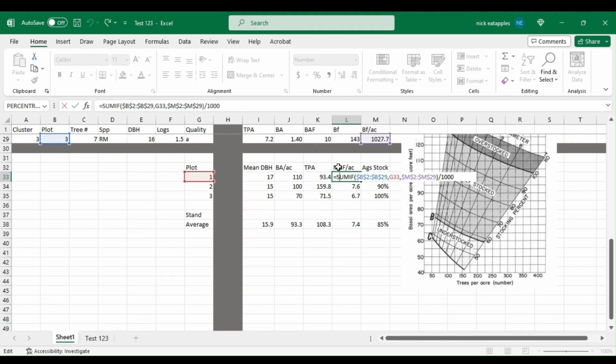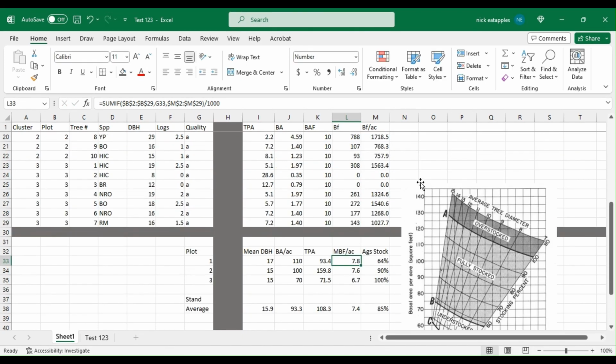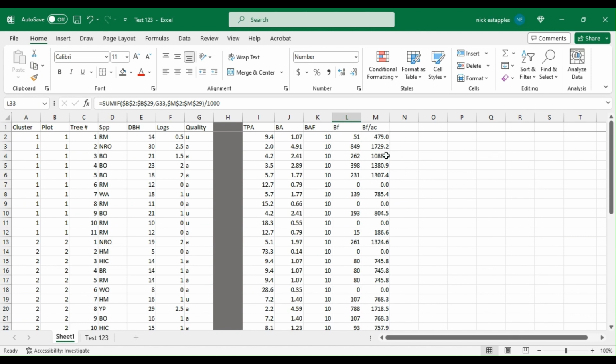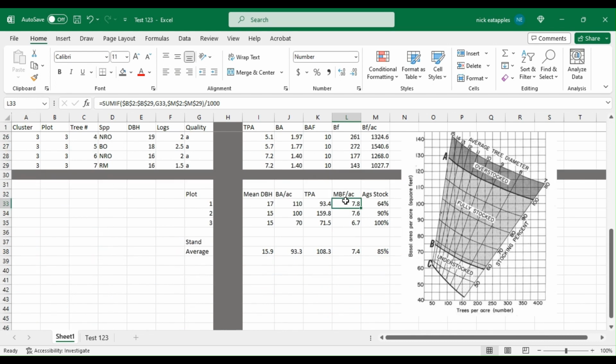MBF. M is the Roman numeral for 1,000, so 1,000 board feet per acre. 7.8, so it's the addition of all of these board foot volumes for stand 1 divided by 1,000 gives us 7.8 MBF.